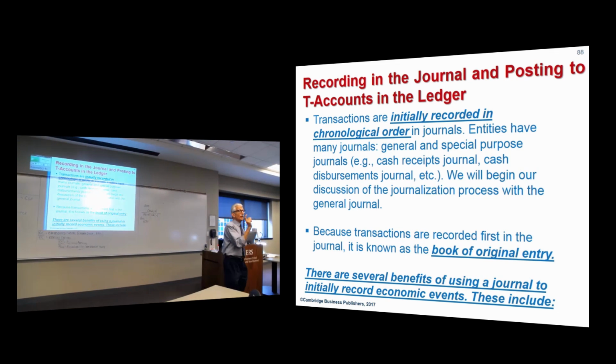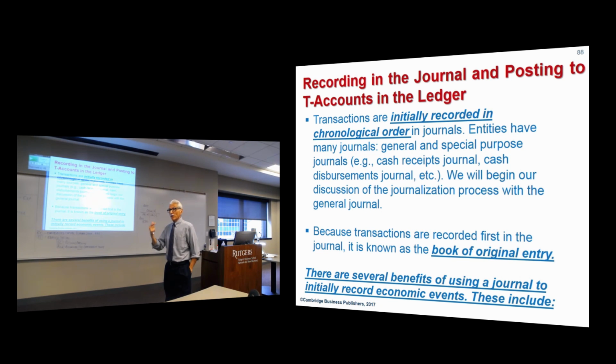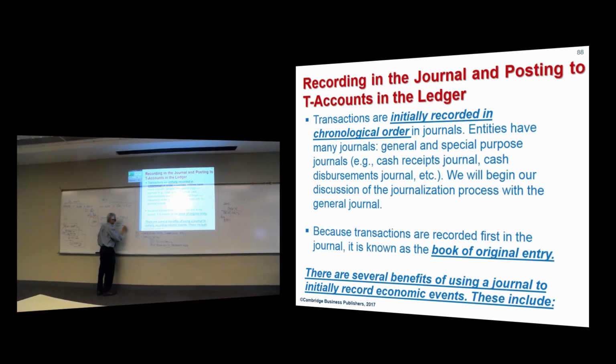So if you ever needed to research an effect on cash, an impact on accounts receivable, you would be able to see that in one place. Then, if we wanted to get these to the T accounts, we're going to post these to what is called the general ledger.